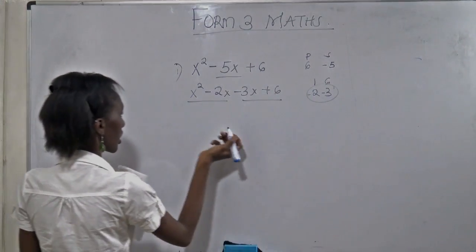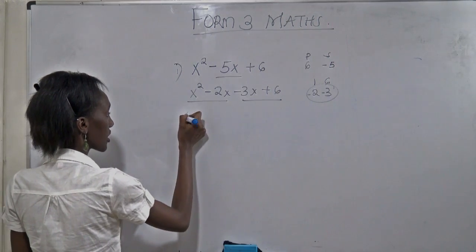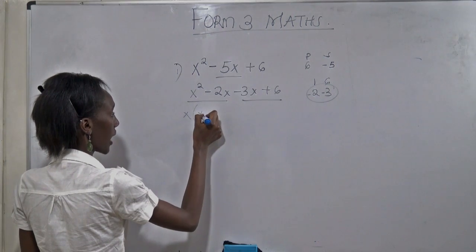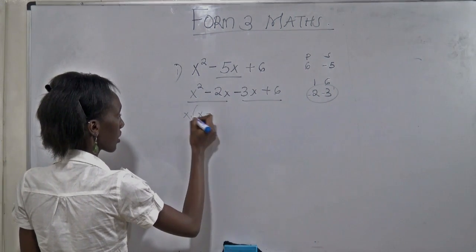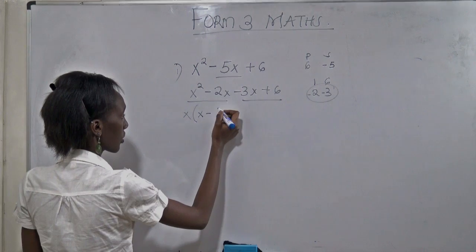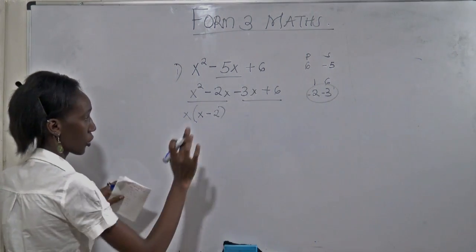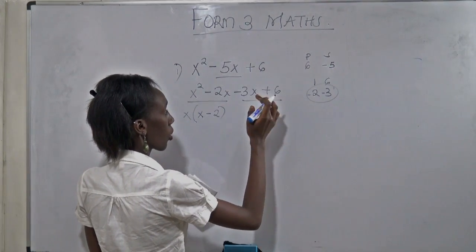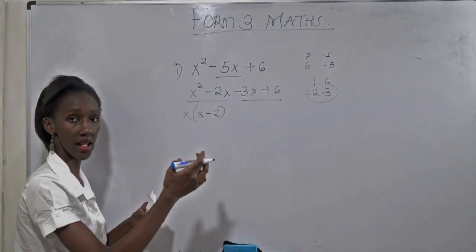So you factorize what's common. Here what is common is x. You put it outside. Inside, you'll remain with x minus 2, since an x cancels out. You go to the next set of numbers. We have -3x plus 6. What is the common factor between 3x and 6?